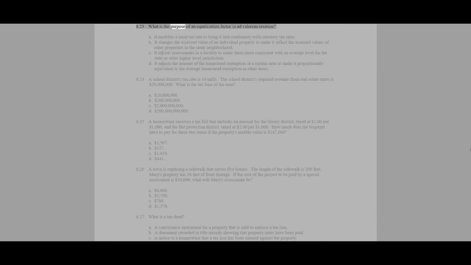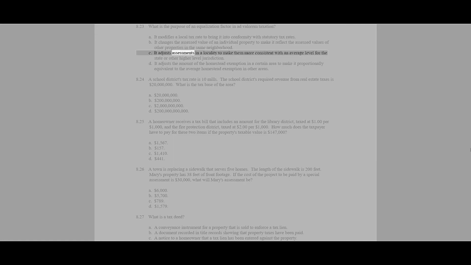8.23 What is the purpose of an equalization factor in ad valorem taxation? A. It modifies a local tax rate to bring it into conformity with statutory tax rates. B. It changes the assessed value of an individual property to make it reflect the assessed values of other properties in the same neighborhood.